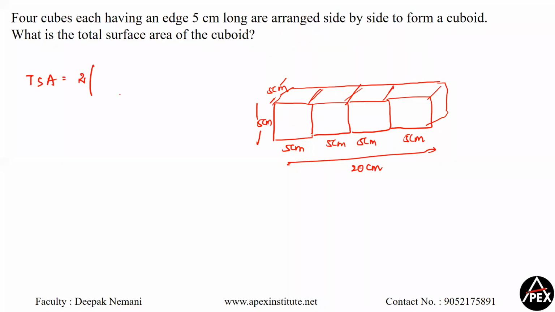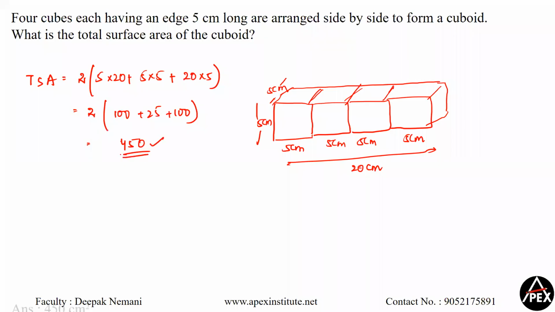So it will be 2(LB + BH + LH), so 2(5×20 + 5×5 + 20×5). So this will be 2 into 100 plus 25 plus 100, 2 into 225, so 450 should be the answer for this question. The answer should be 450 centimeters square. Clear, guys? Any doubts? Quick responses.